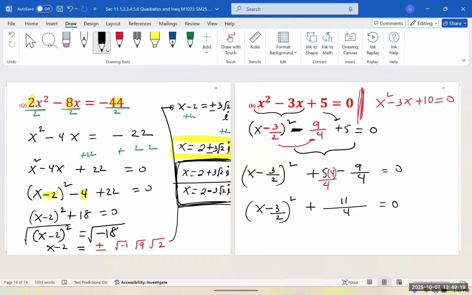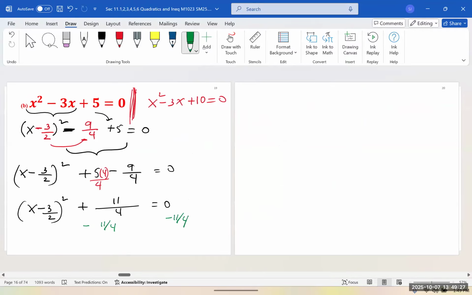And now it's simple algebra. We subtract 11/4 from both sides. And I need more space. So we have x minus 3/2 squared equals negative 11/4. Square root.